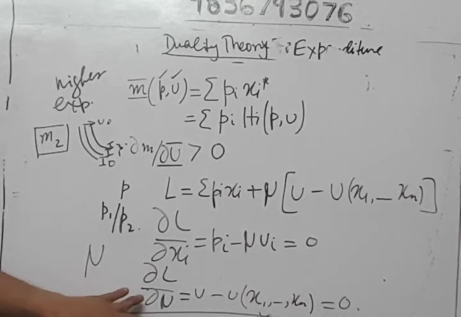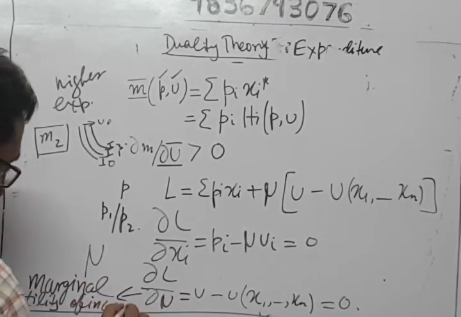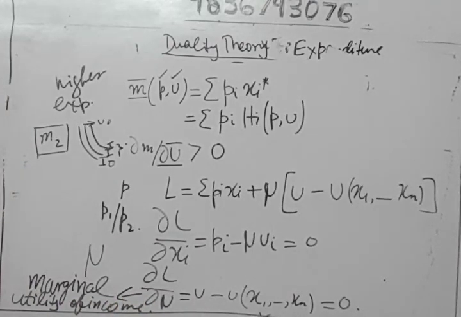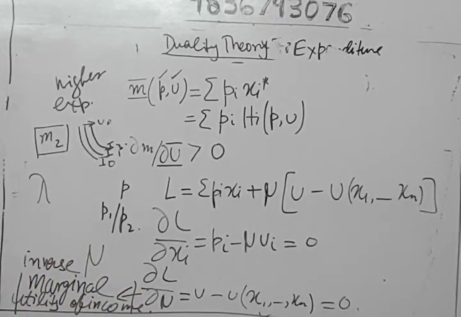So this mu represents the value which is required to change the expenditure following a given change in utility, and hence it is also representing the inverse of the marginal utility of income, and the marginal utility of income is nothing but the Lagrangian multiplier lambda in the utility maximization problem.